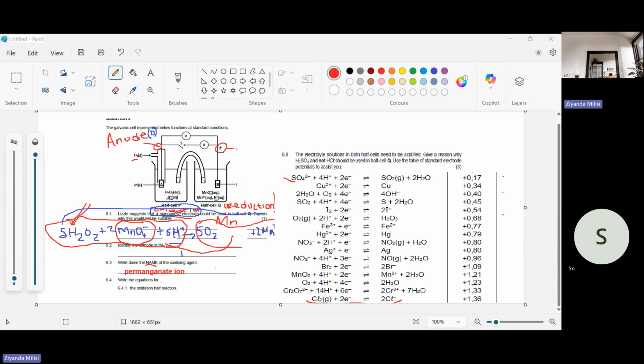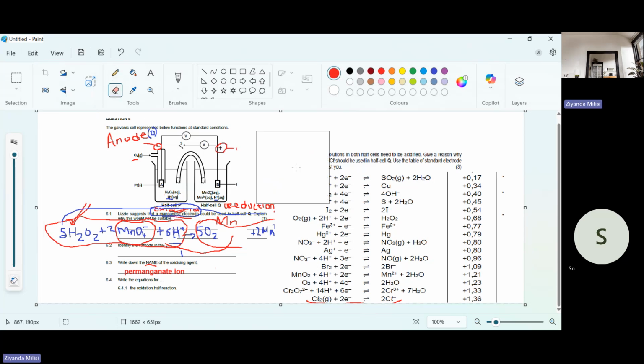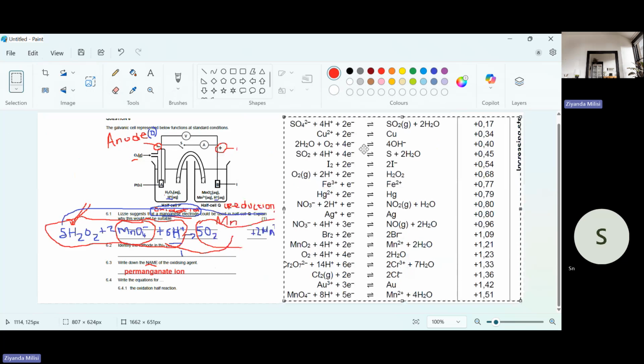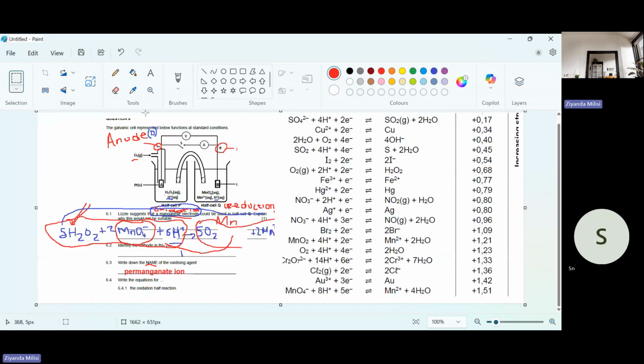Okay, let me try to copy and bring this to you, all of it, so that you look at it holistically. So if you look here, you can see SO4 2 minus, Cl minus, MnO4 minus.